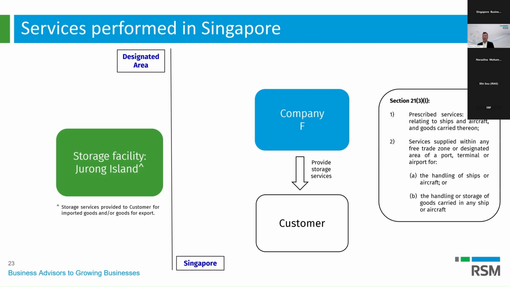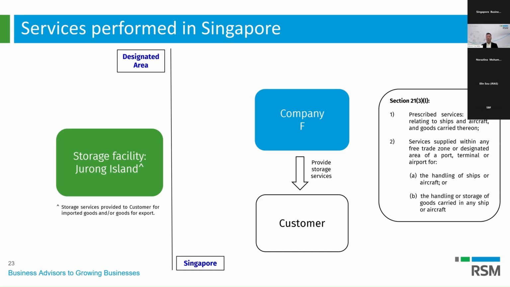And in this scenario, if you scan through Section 21.3 of the GST Act, you probably will come to this point called Section 21.3L, which has two main conditions. Section 21.3 is pretty long, but I have extracted the most relevant points from there.